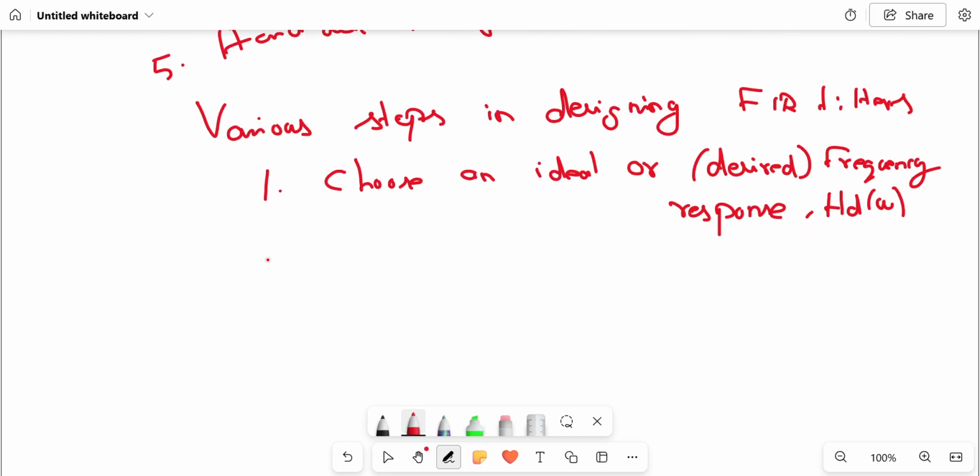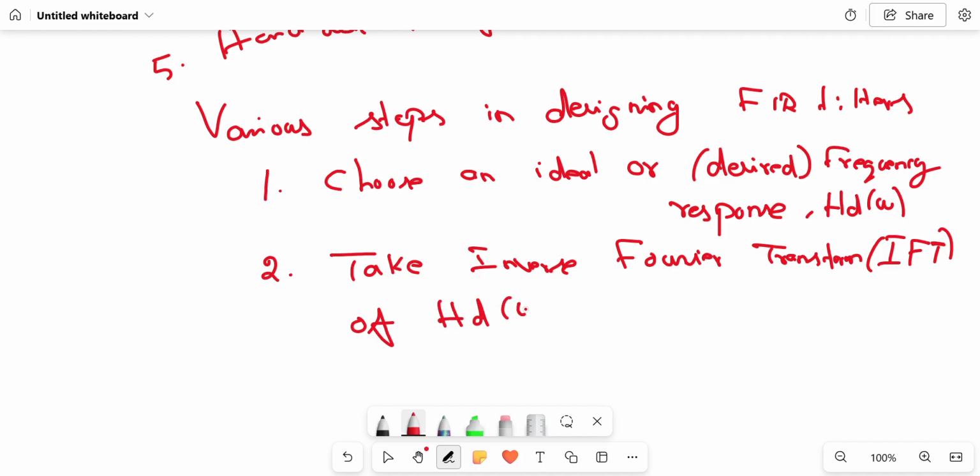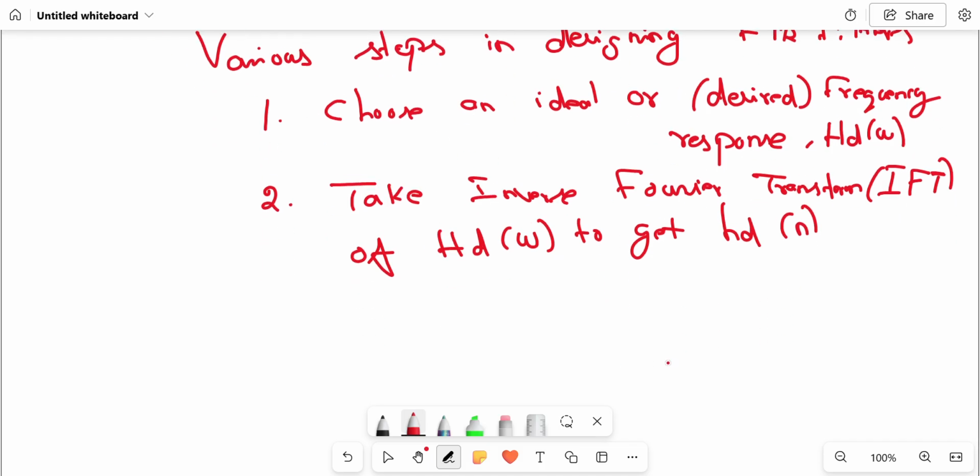Second step, take the inverse Fourier transform of HD of omega to get HD of n.